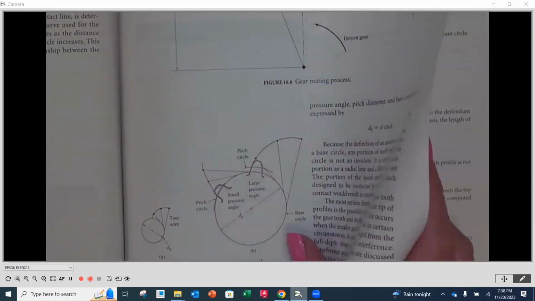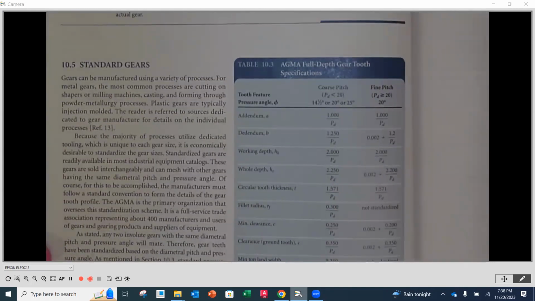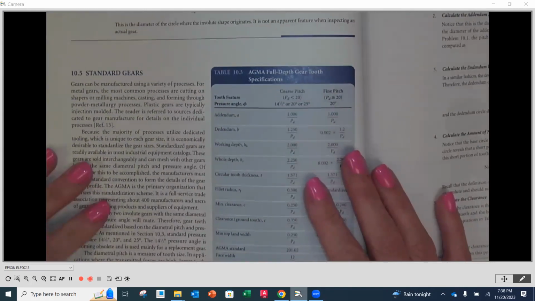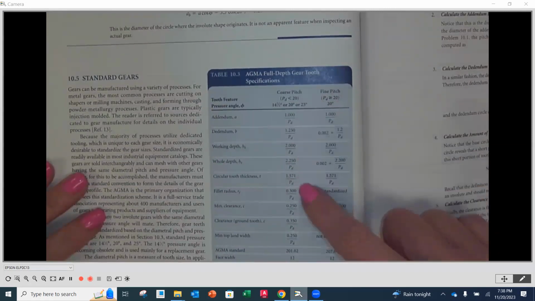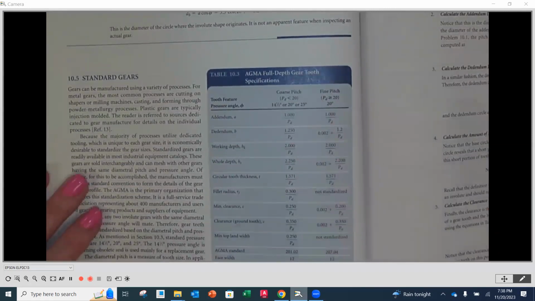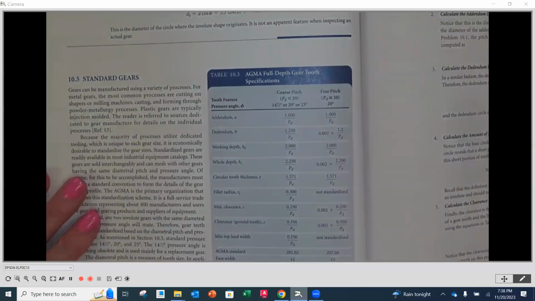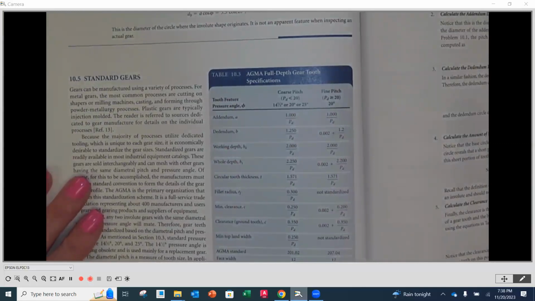Now, if we wanted to draw it and make it perfect and create each and every one of the elements there, these are going to be the equations for the addendum, the dedendum, the working length, the circular tooth thickness, the fillet radius, all that kind of stuff.